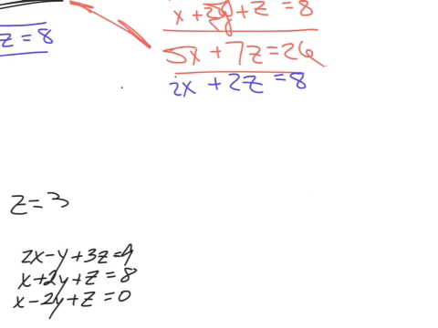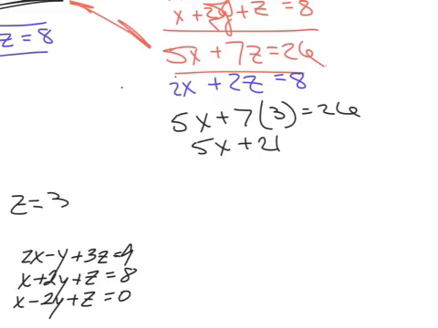So let's go ahead and use the top one. 5x plus 7 times 3, my z. So 5x plus 21 equals 26. 5x equals 5. x equals 1.